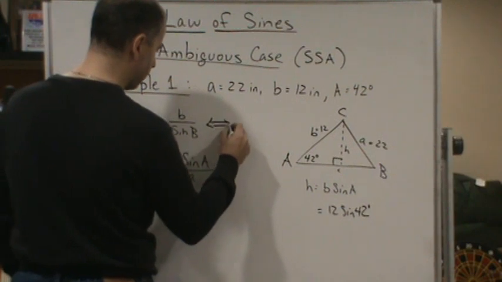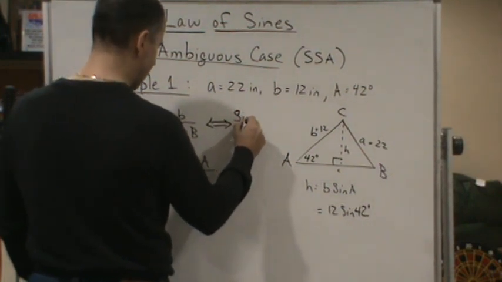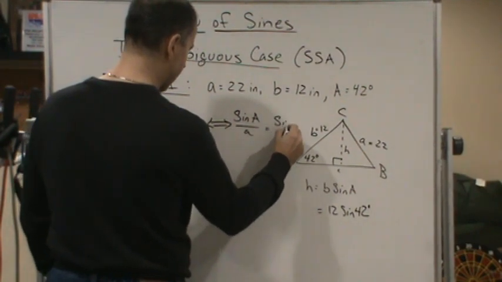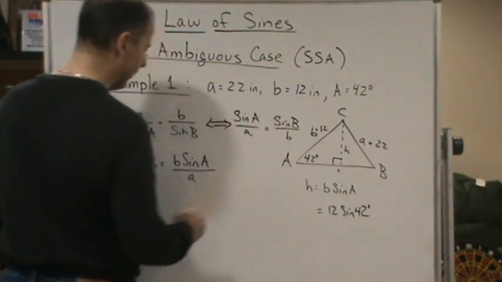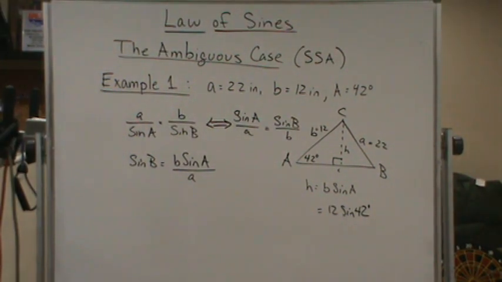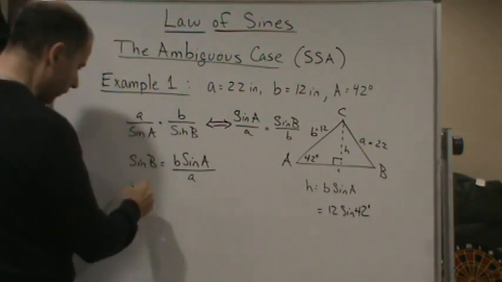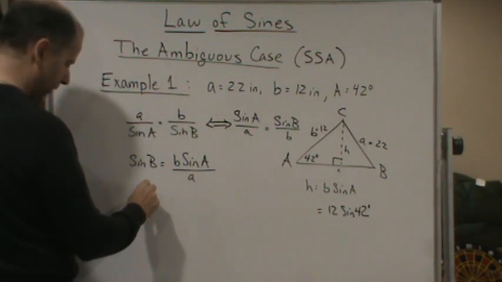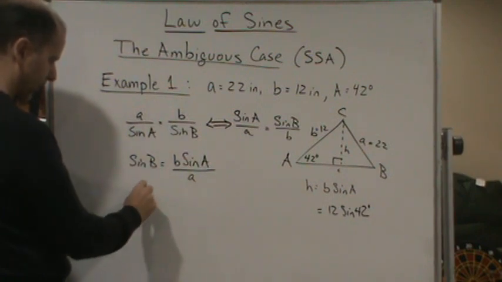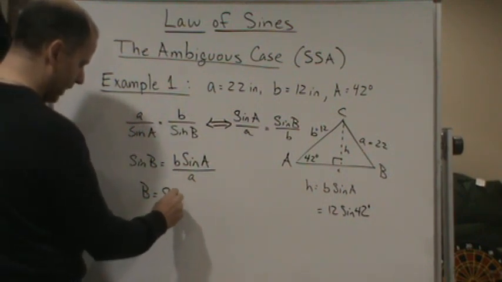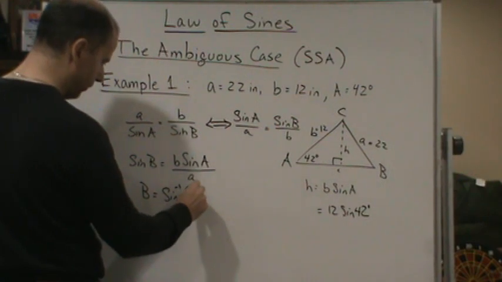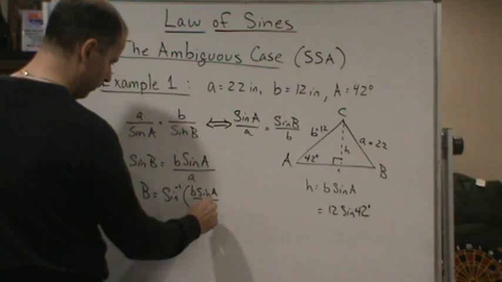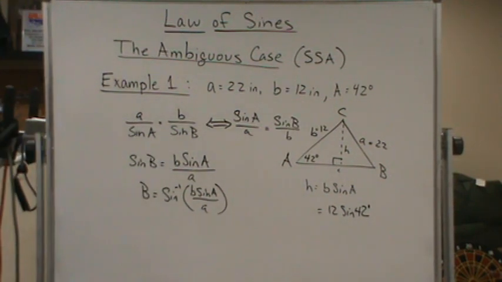Because we can use the reciprocal form: sine A over a is also equal to sine B over b. Now, if I take the inverse sine of both sides, I'm going to get B is equal to sine inverse of the whole thing, b sine A over a, right?